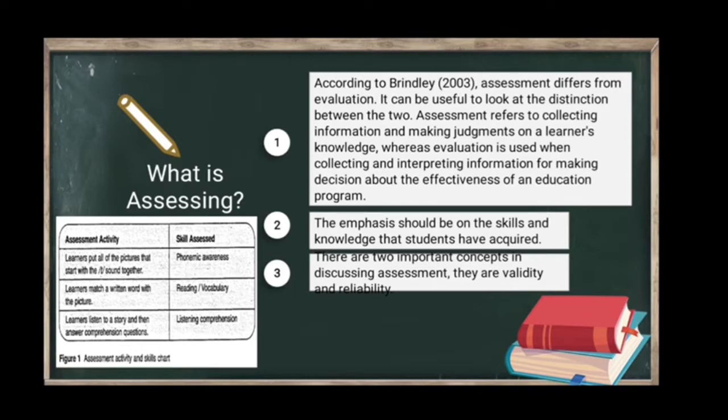The third, learners listen to a story and then answer the comprehension question. The skill that will be assessed is listening comprehension. And the teacher usually uses assessment to determine how well the students are doing.